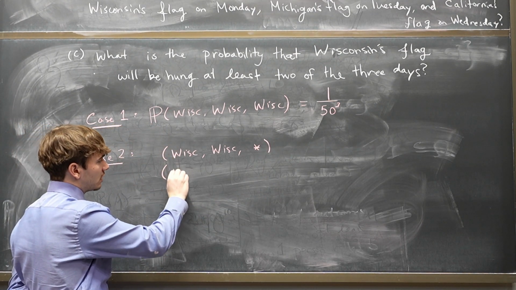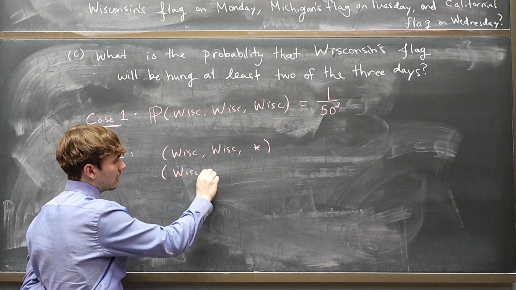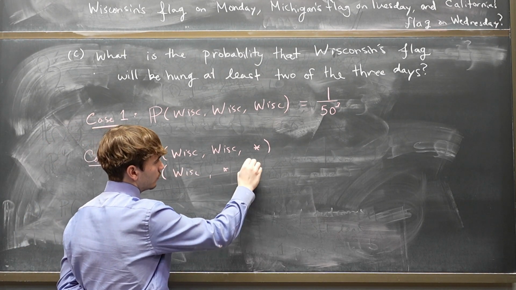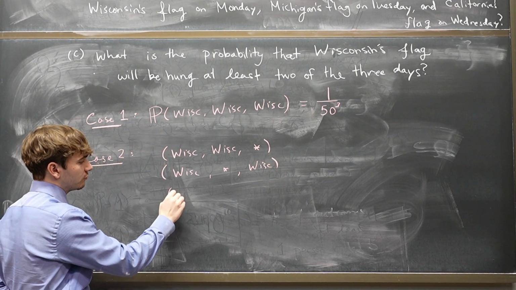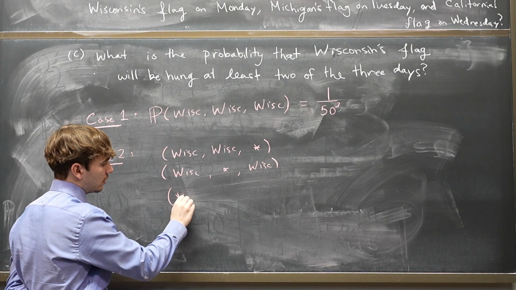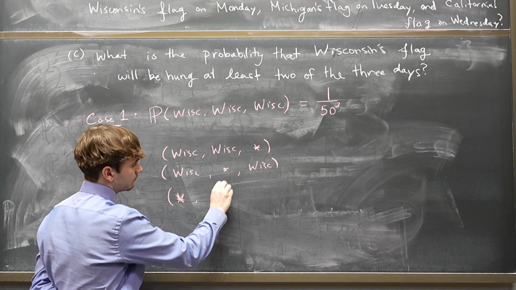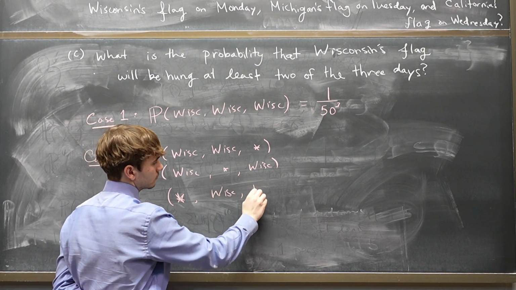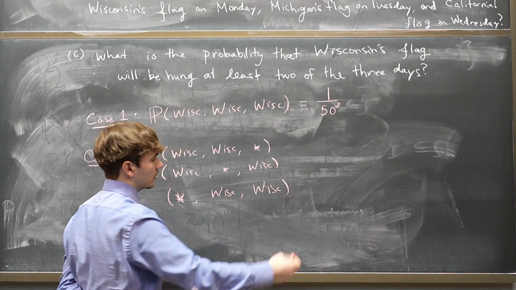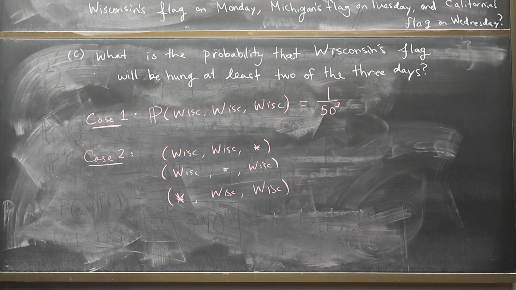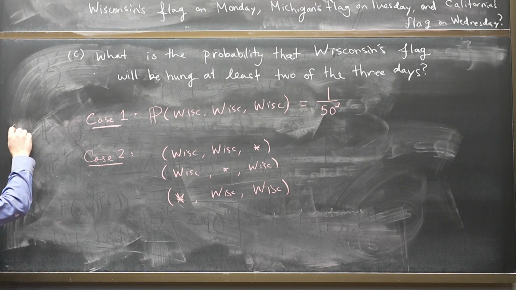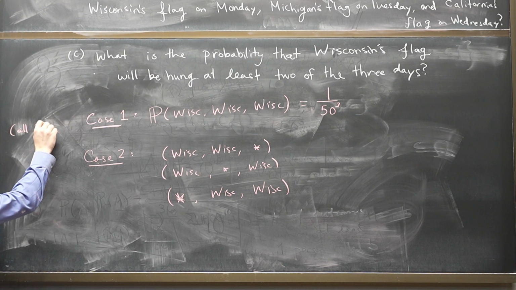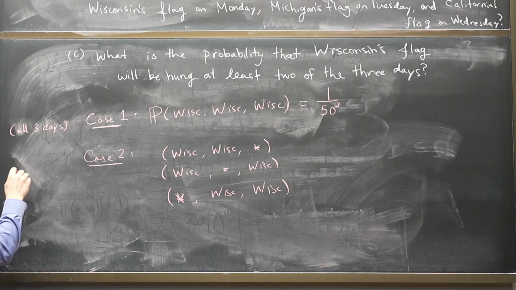We could also have Wisconsin hung on Monday and Wednesday, and we also might have Wisconsin hung on Tuesday and Wednesday. Okay, so these are subcases of case 2. So let me just state case 1 is all 3 days, and case 2 is exactly 2 days.